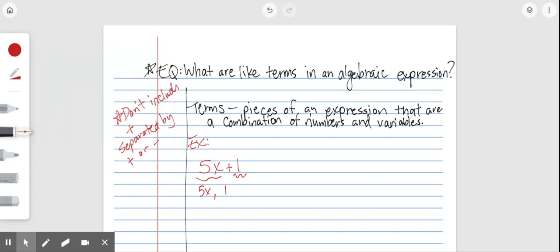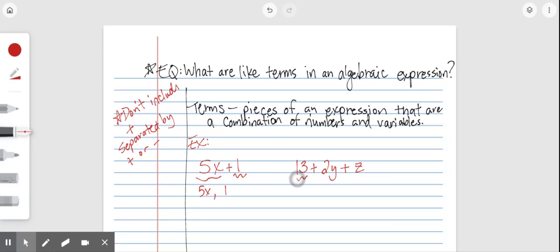Let's try another expression. If I have 13 plus 2y plus z. This one's a little more complicated, but again, it's all separated by the addition or subtraction sign, and it doesn't include them.